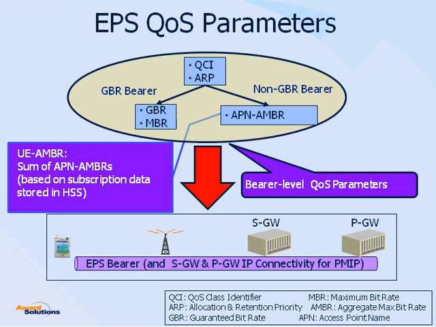Now, to quantify quality of service, we need some sort of parameters. So how do we take care of those? We have something called QCI, QoS class identifier. And we also have something called allocation and retention priority. Those are the main parameters that we will use for quality of service.